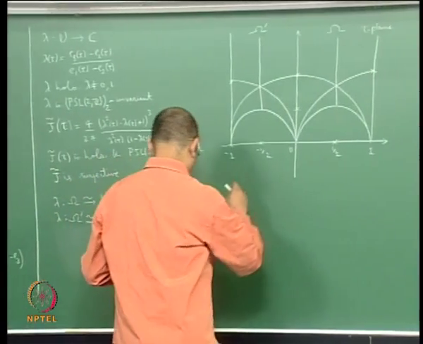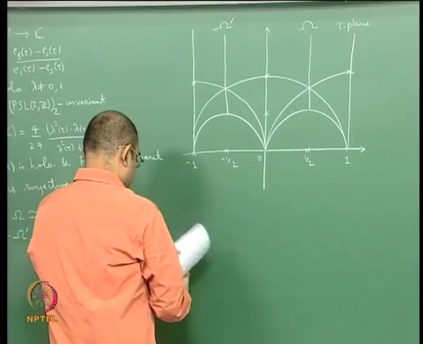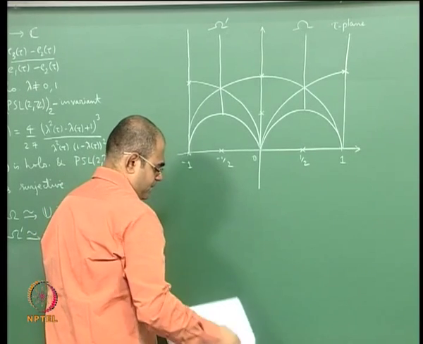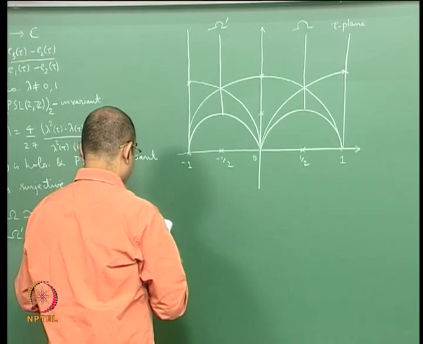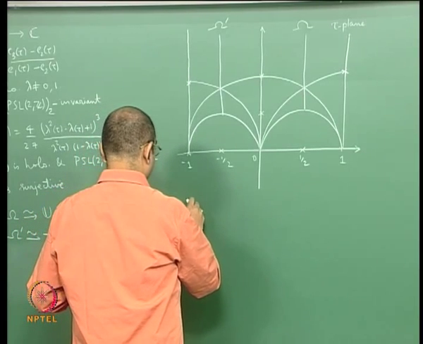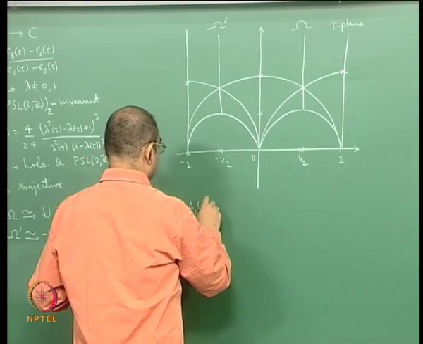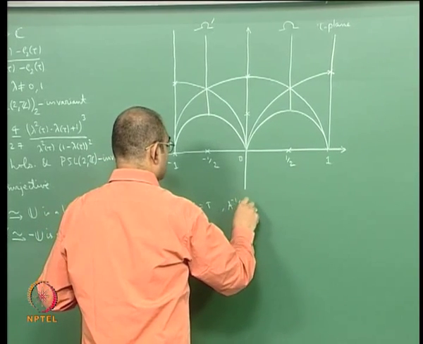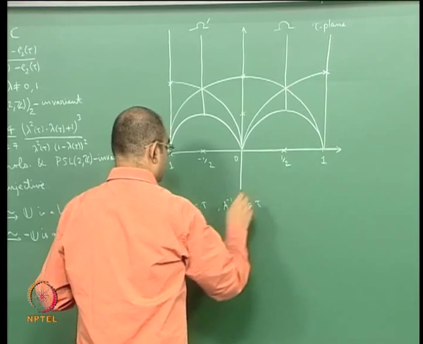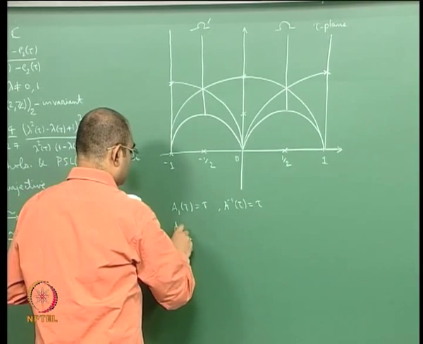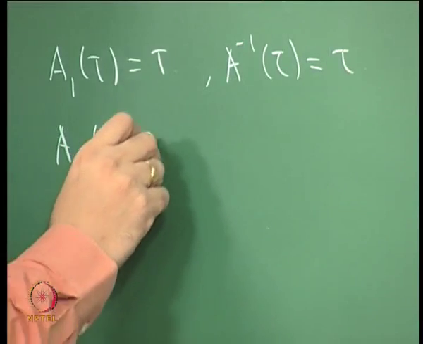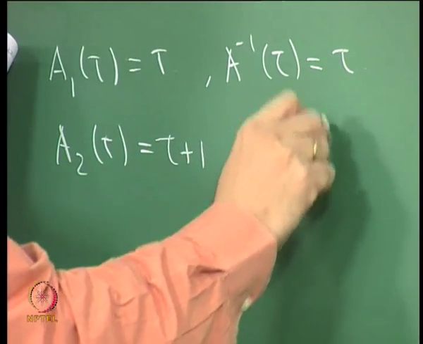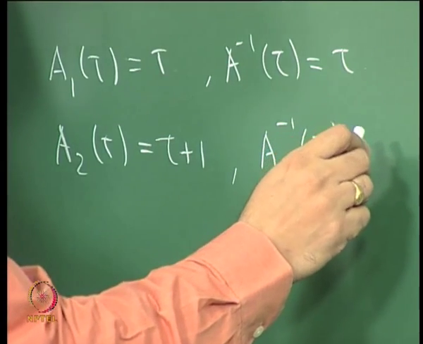So let me write down the following Mobius transformations. A1 of tau is tau, the identity, and A1 inverse of tau is just again tau. Then A2 of tau is the Mobius transformation tau plus 1. A2 inverse of tau is of course tau minus 1.